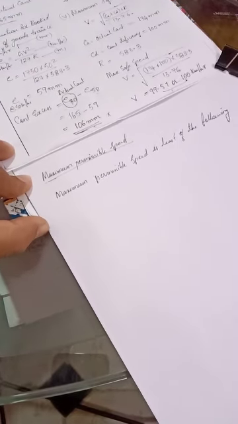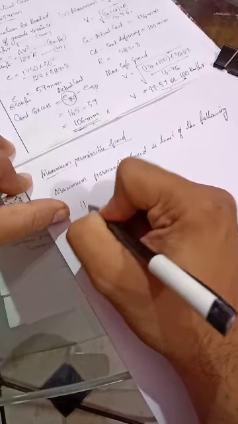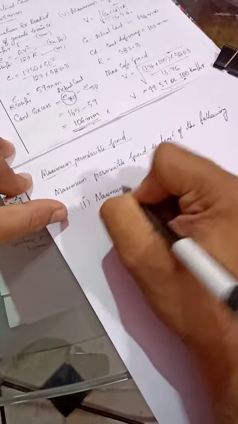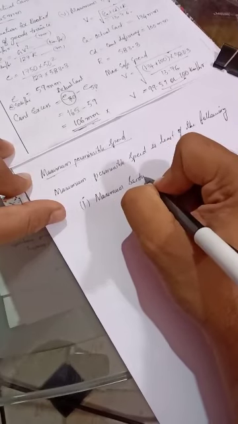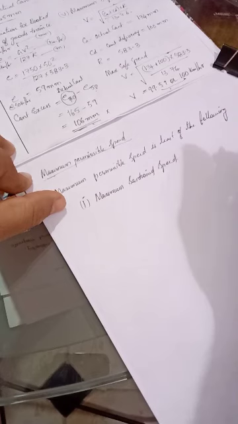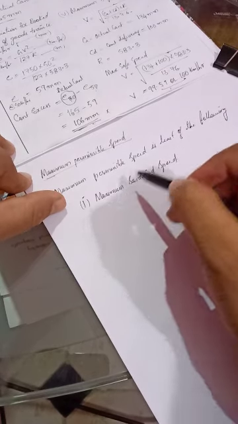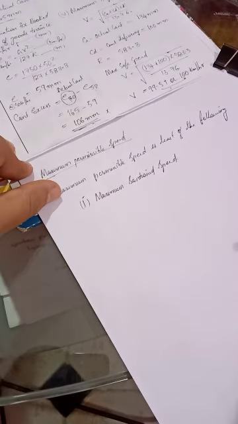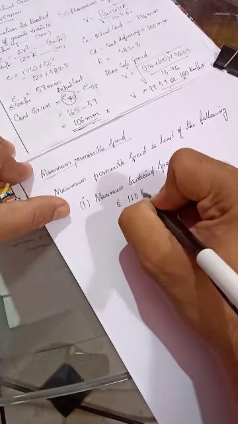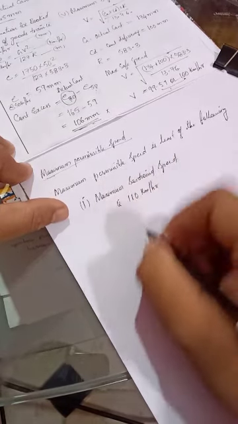What is the first one? Maximum sanction speed. If we look into our question, what is the maximum sanction speed given in our question? That is 110 kilometer per hour.